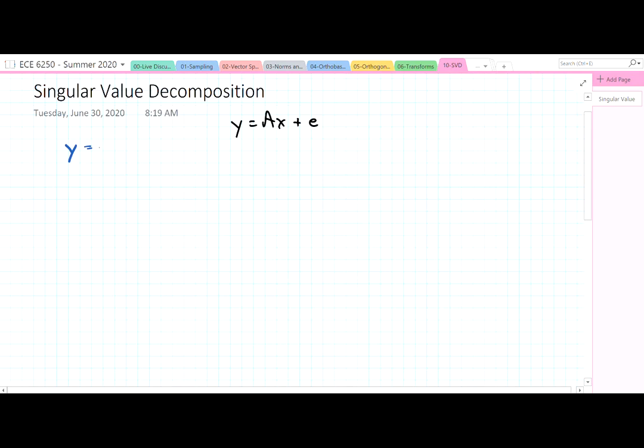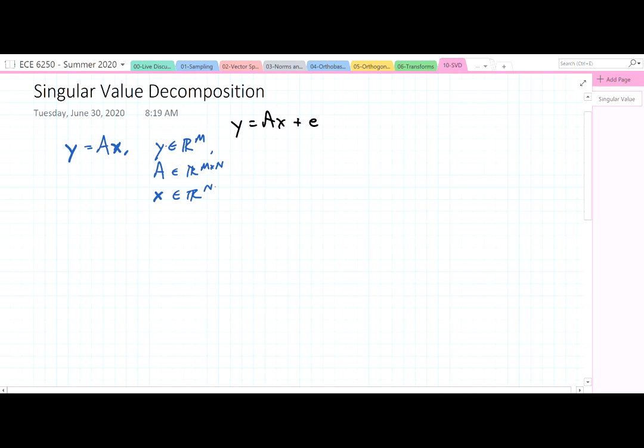And so let's look at another set of matrices, or another aspect of this problem, where we have y is equal to Ax as before, and y is in R^m, A is R^(m by n), and x is in R^n.